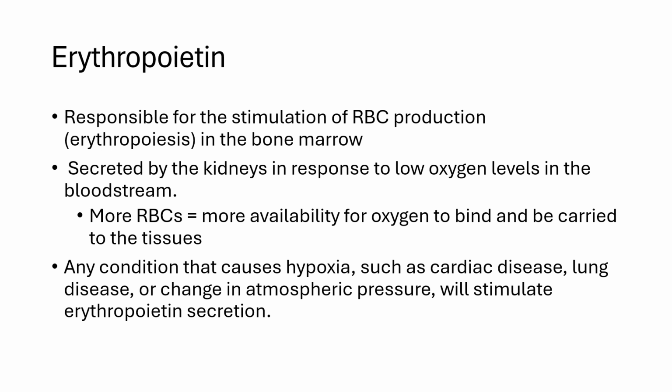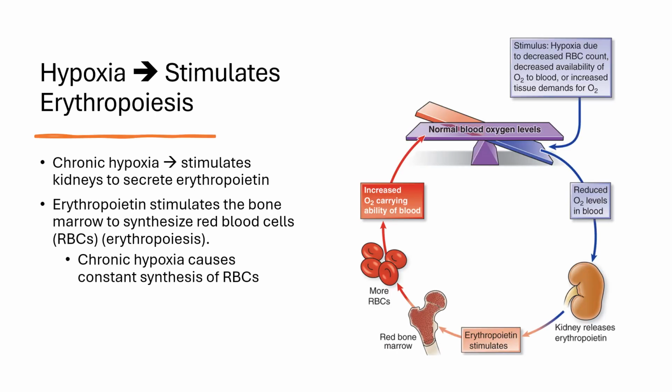So more red blood cells equals more availability of oxygen to bind and be carried to the tissue. Therefore, any condition that causes hypoxia, such as cardiac disease, lung disease, and change in atmospheric pressure, will stimulate erythropoietin secretion. Once again, hypoxia stimulates erythropoiesis.